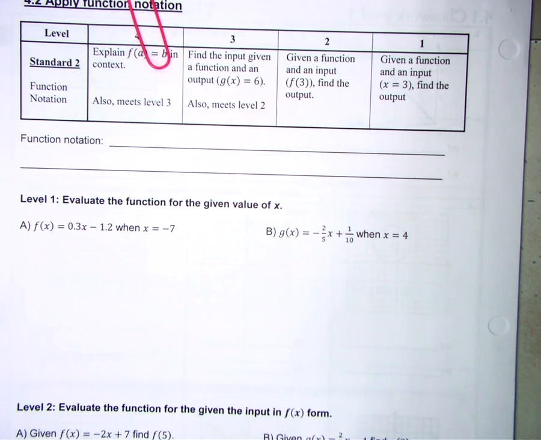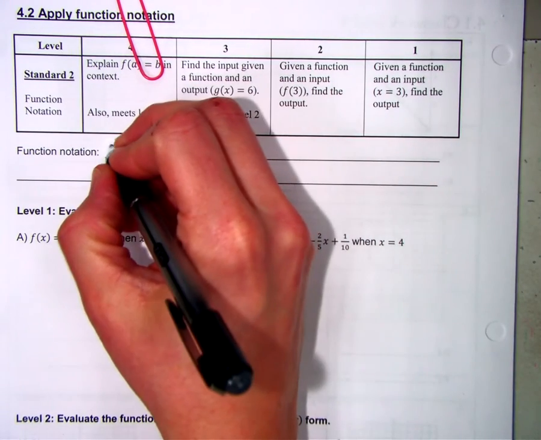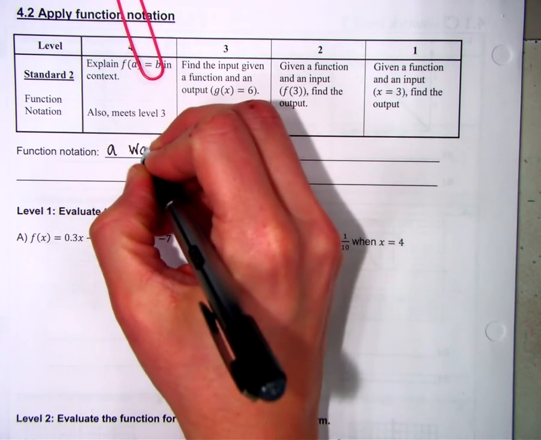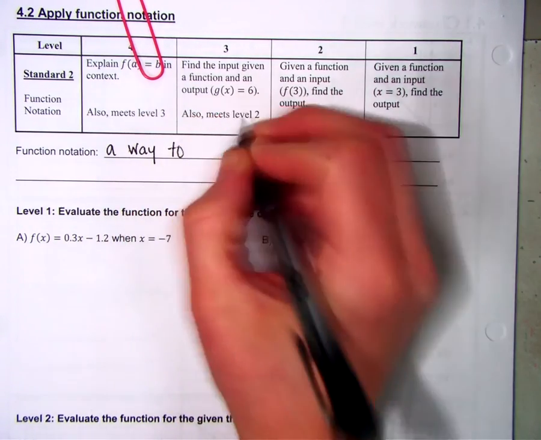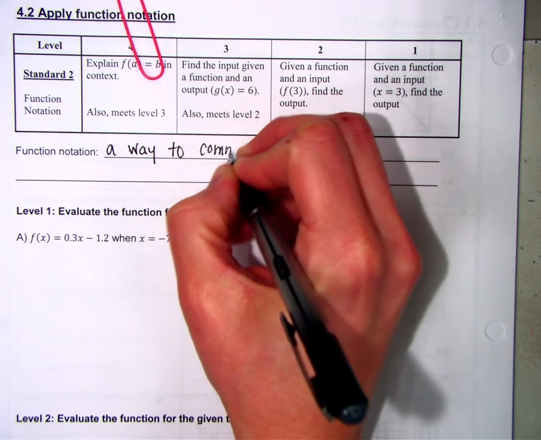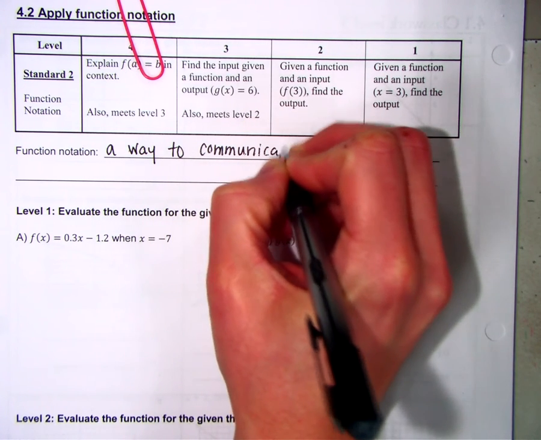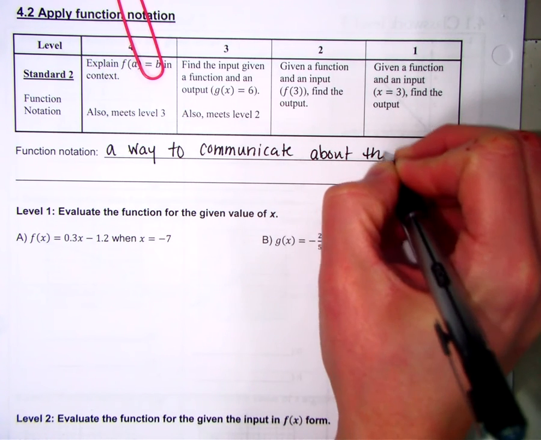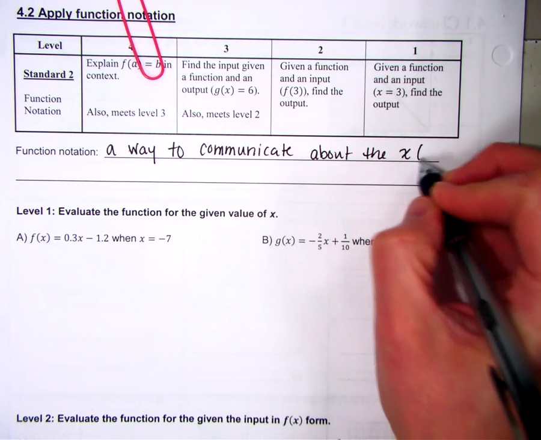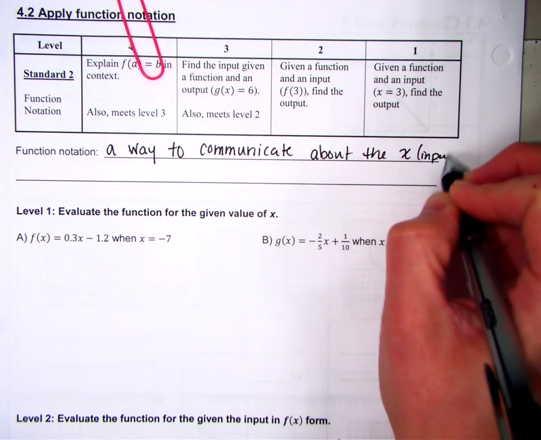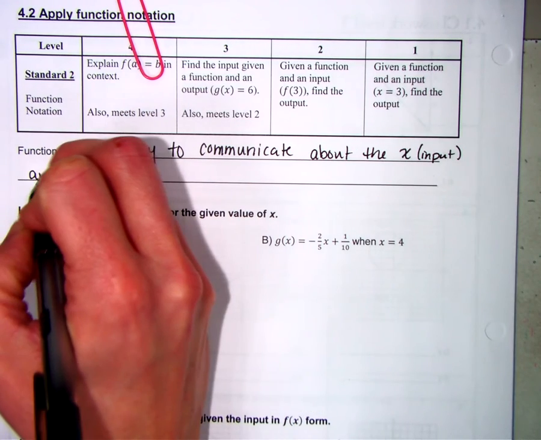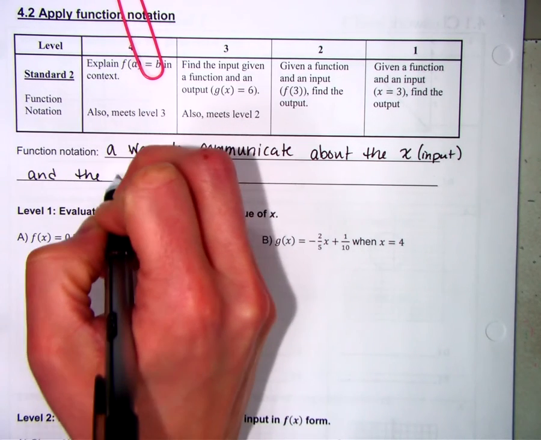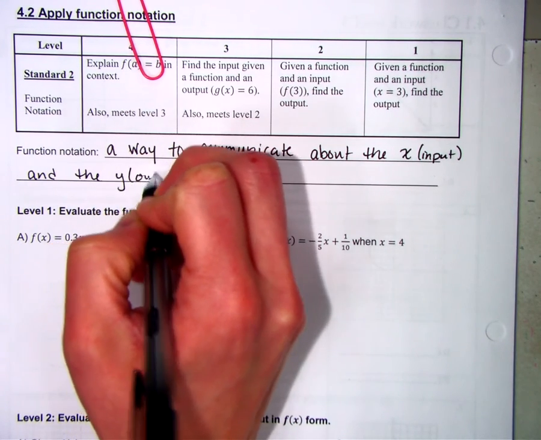So function notation for us is just going to be a way to communicate about the x, or the input, and the y, output.